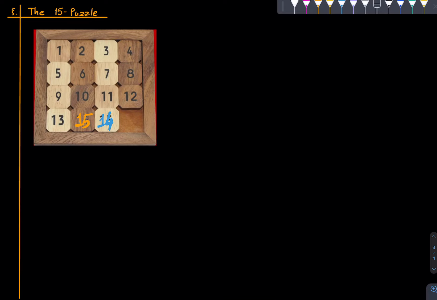I will be a little bit sketchy, but I'm sure you can make the sketchy proof a formal proof. So let X be the set 1, 2, up to 15, and the star symbol. The star symbol is the blank symbol, so that star denotes the blank here.